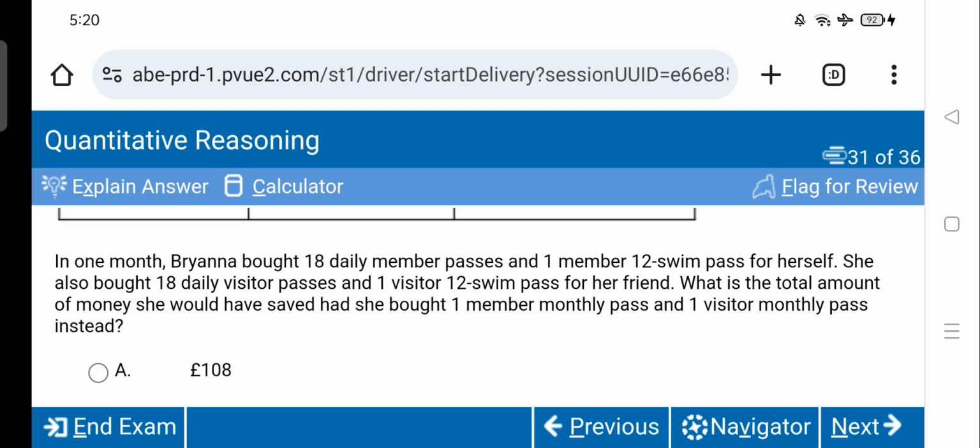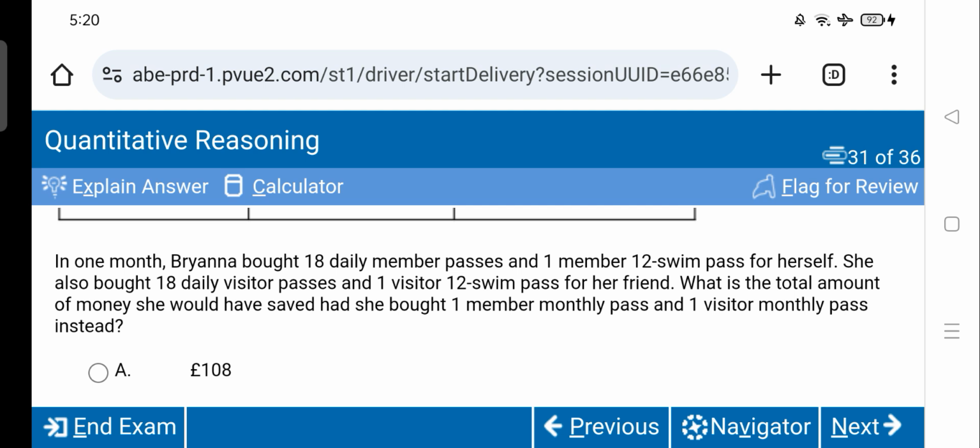And the question is, in 1 month, Brianna bought 18 daily member passes and 1 member 12 swim pass for herself. She also bought 18 daily visitor passes and 1 visitor 12 swim pass for her friend.